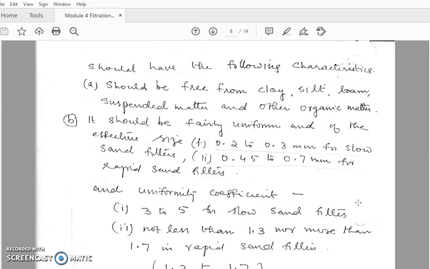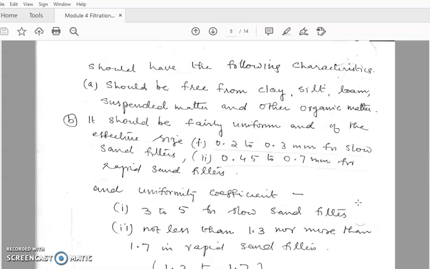Now the second one is it should be fairly uniform and of the effective size 0.2 to 0.3 mm for slow sand filters and 0.45 to 0.7 mm for rapid sand filters.